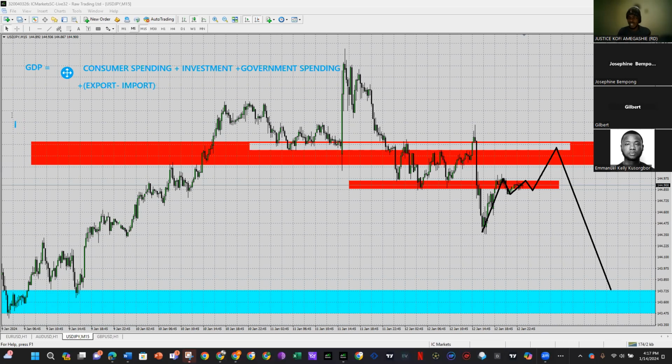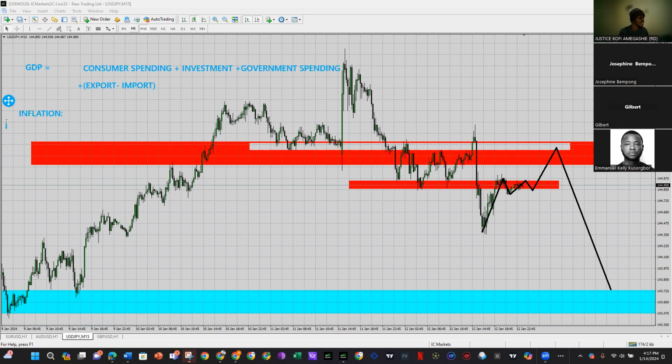Now, the next thing I'll look at is inflation rate. Yes, so inflation is also very important. That is how the value of the country's currency has depreciated. You will know that by looking at the CPI values, which is the consumer price index values.